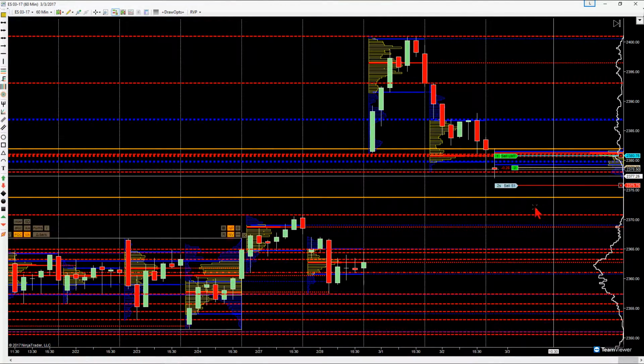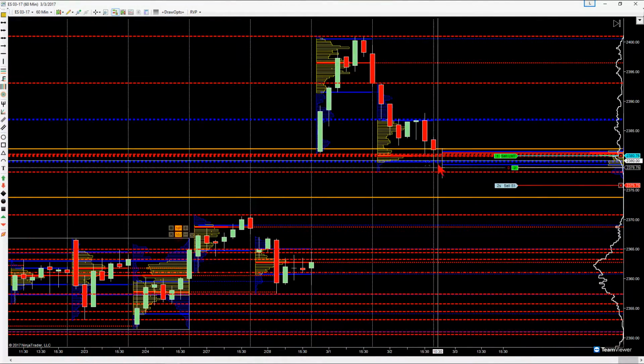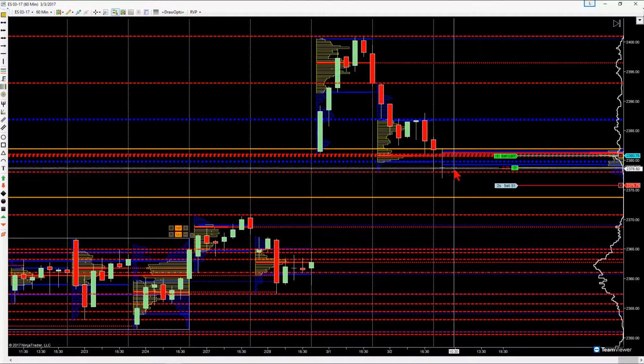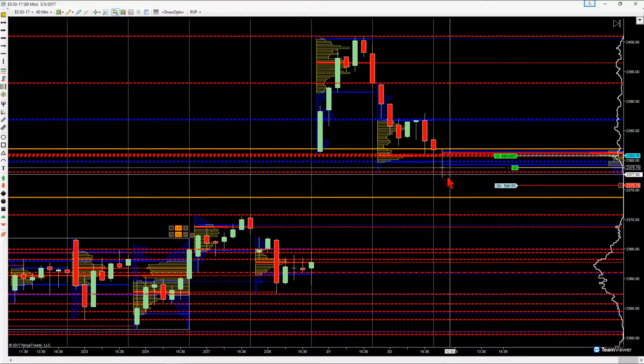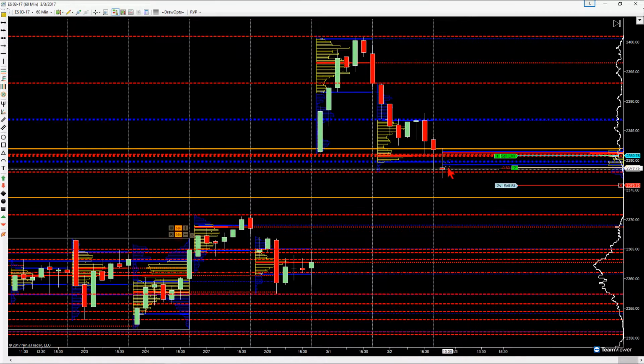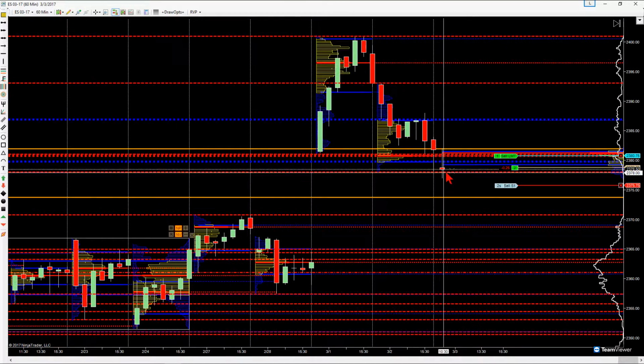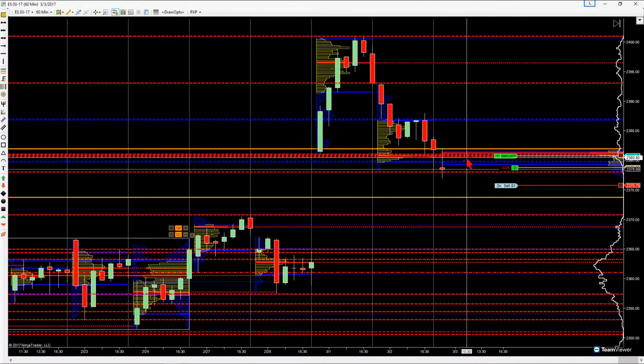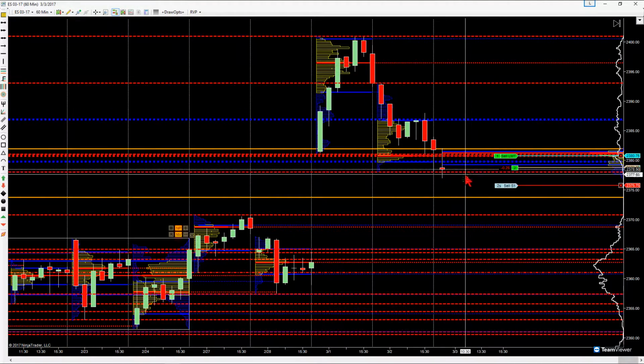Let's look at what's potentially happening here. We've come down, we've tested the upper part of the gap. It's held. So you'll see I have one profit target ahead of yesterday's VPOC, actually right on yesterday's VPOC.